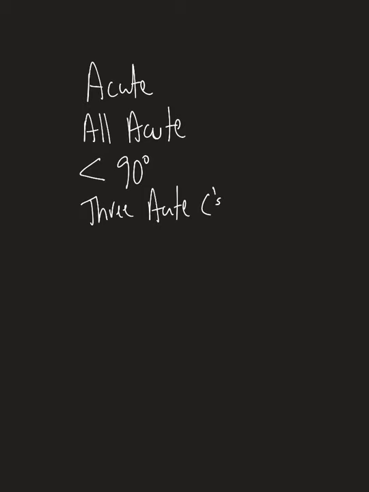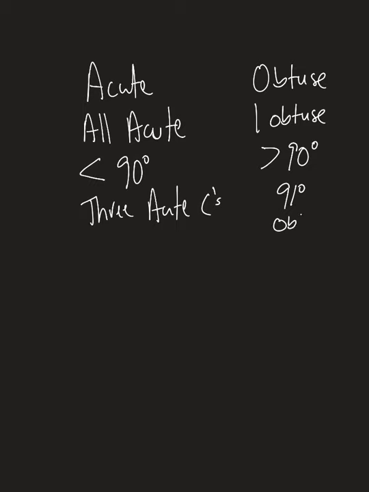Super important. Obtuse: you're going to have 1 obtuse angle. It's going to be greater than 90 degrees. Super important. Let's say 91 degrees is an obtuse angle. 89 degrees would be an acute angle.